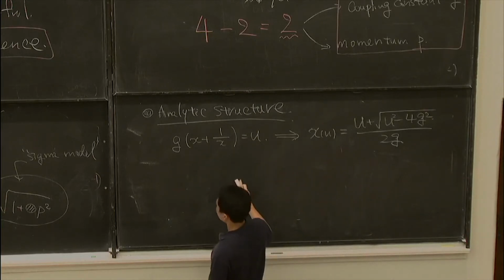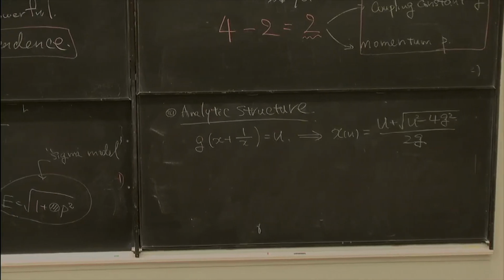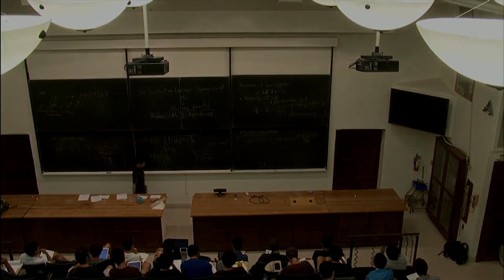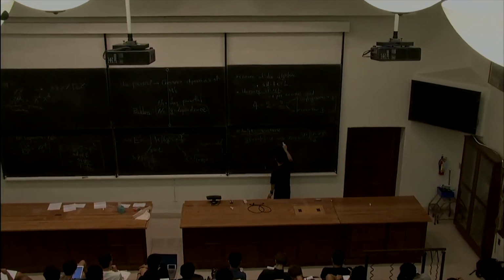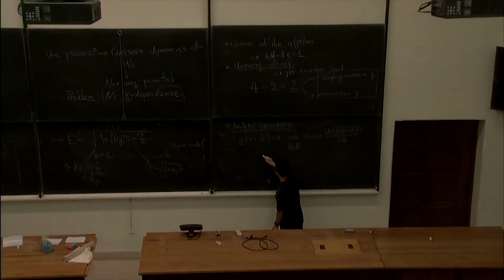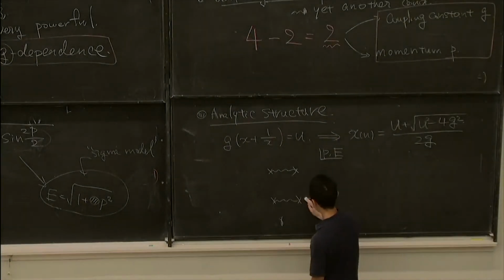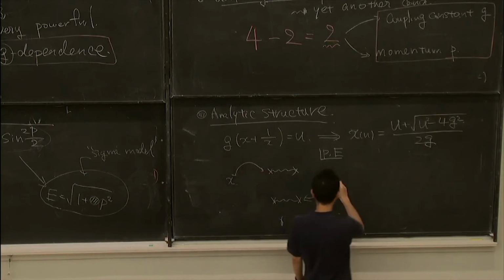And because momentum and energy are given by x plus and x minus, it turns out momentum and energy have two cuts. One associated with x plus, and the other associated with x minus.